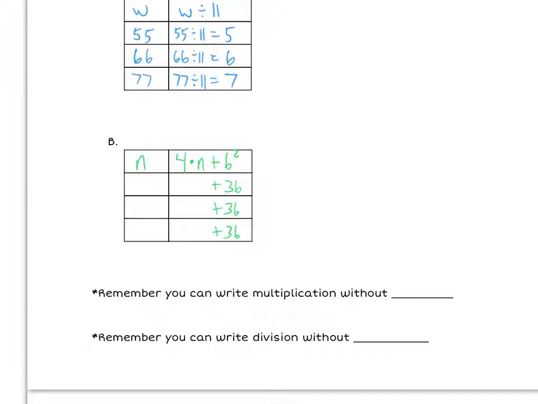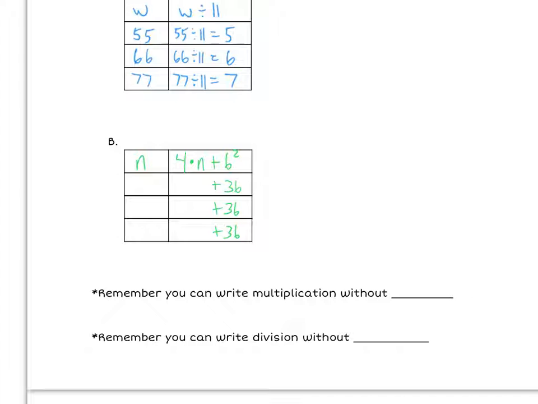You will get to pick the letter a lot of times. For this assignment, the book will pick the letter most of the time for you because they'll give you an expression already. When you're taking a story problem and creating your own, though, you could pick the letter. So if you wanted to use X or Y or N or A or B, you can do that.